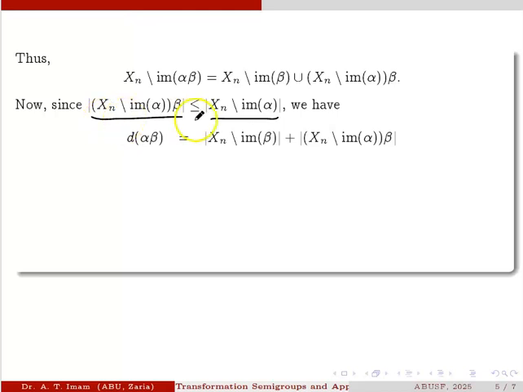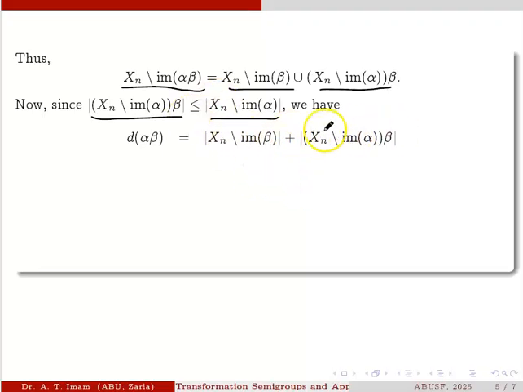And so once this is settled, we have that the defect of the product, being the cardinality of this set, must be equal to the cardinality of this part plus the cardinality of this part. This is because this union here is a disjoint union, so you can just add the two cardinalities.